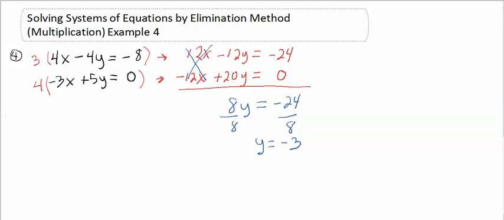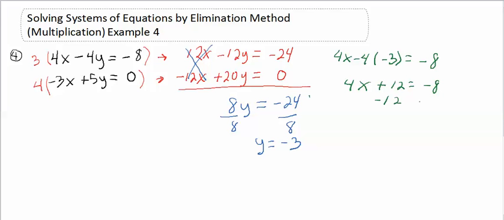Okay, so now I'm going to take that negative 3 and plug it into one of my original equations. And it doesn't matter which one. I think I'm going to go ahead and continue with the top. I'm going to have 4x minus 4 times negative 3, because I'm plugging in my y, is equal to negative 8. 4x, negative and negative is positive 12, is equal to negative 8.